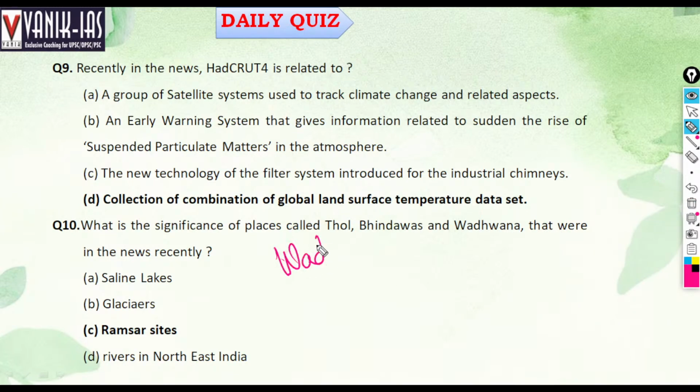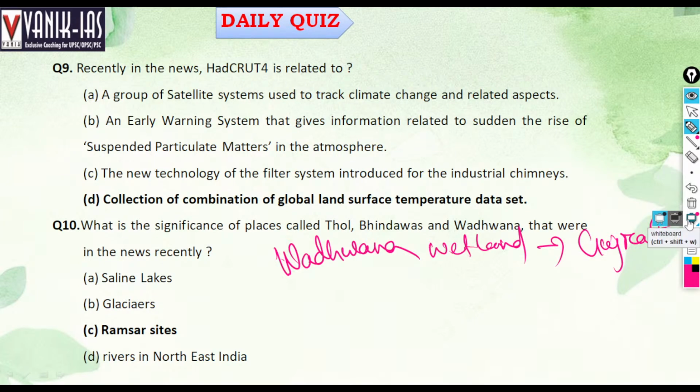Then Wadhvana wetland. This is in Gujarat.